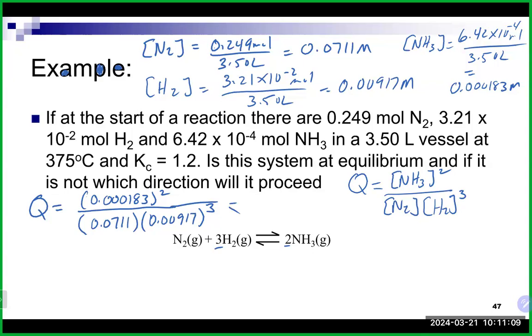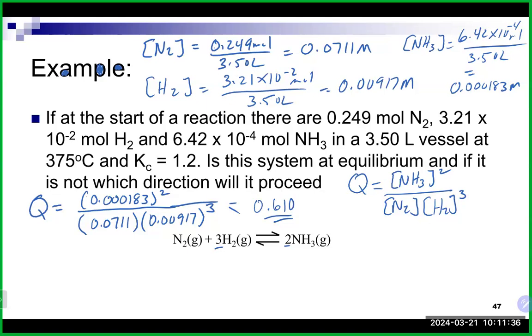So if we do that, a little square action, divided by 0.0711, and divided by 0.00917 cubed, at this point I think you get something like 0.610 as our Q value. First off, any questions on the calculation here?